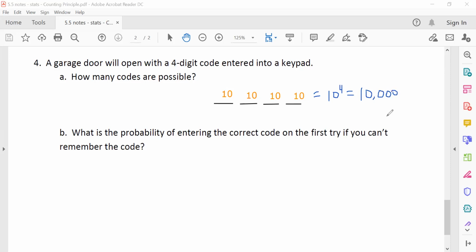That's actually why passwords offer you some security. It's because there's so many different possible passwords you could have, or in this case, passcodes that you could have, that someone just trying to guess it at random is almost certainly not going to get it.